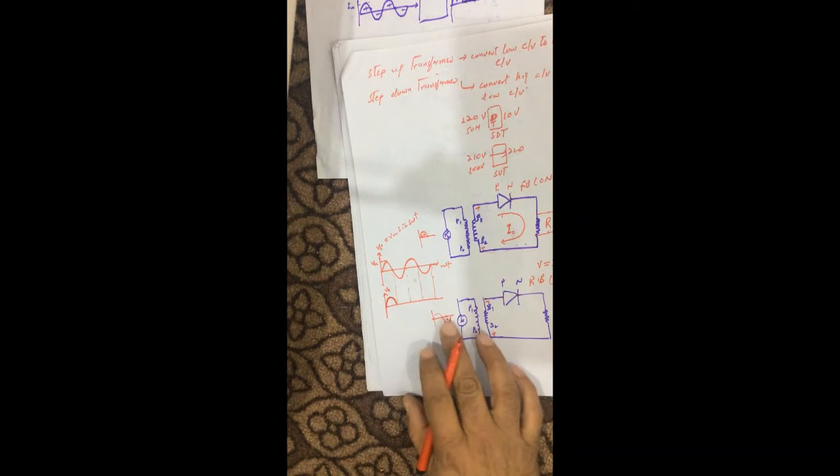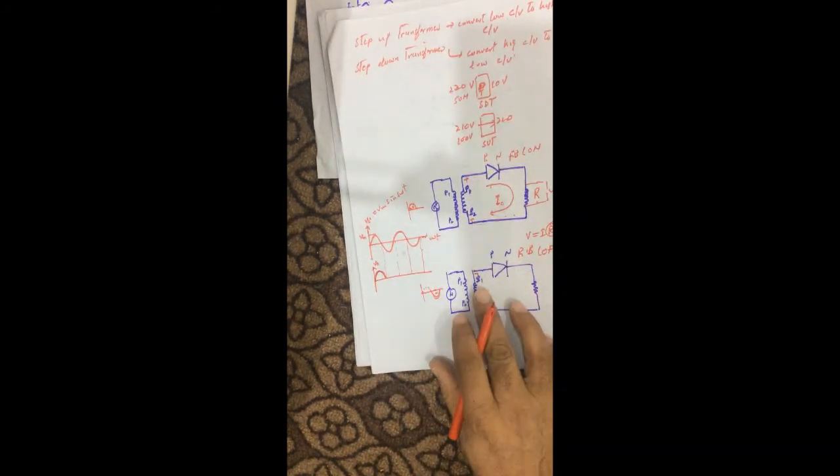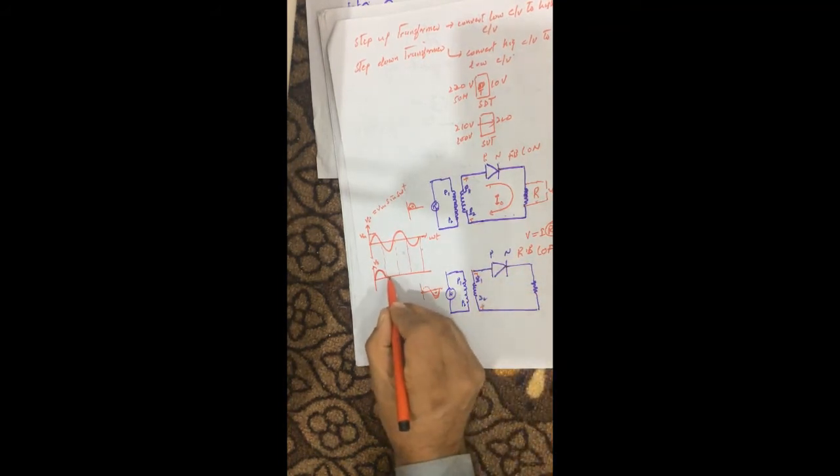Next we have the negative half cycle. When it reaches the secondary coil, this diode becomes reverse bias, so current is not flowing through the circuit. The negative half cycle is blocked by this diode.